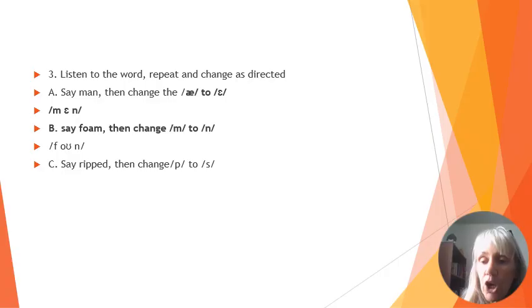Say ripped. Then change the p to s. What have you got? Ripped to wrist. And this is my wrist.